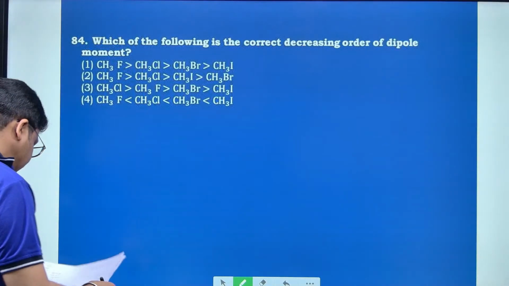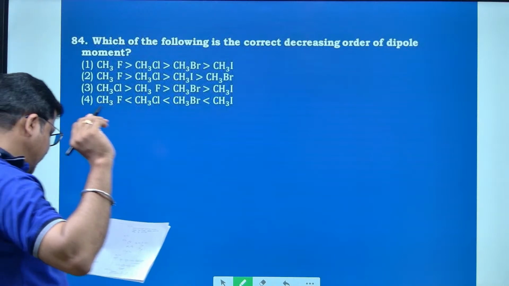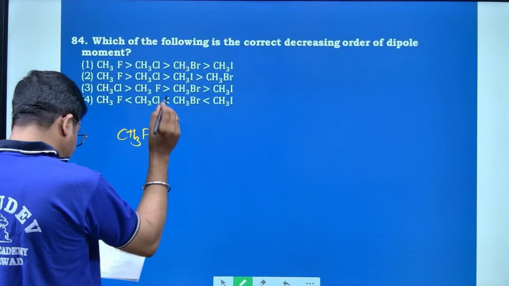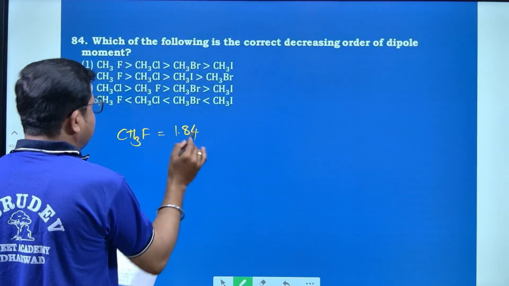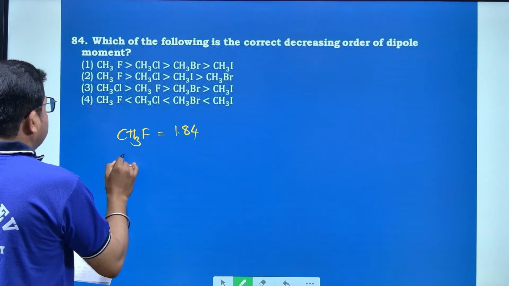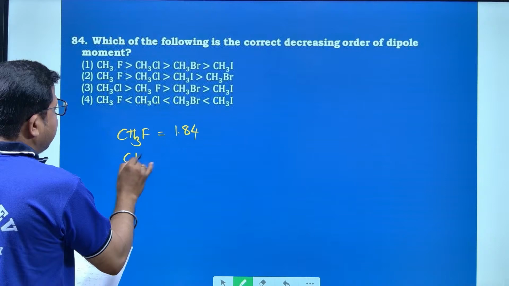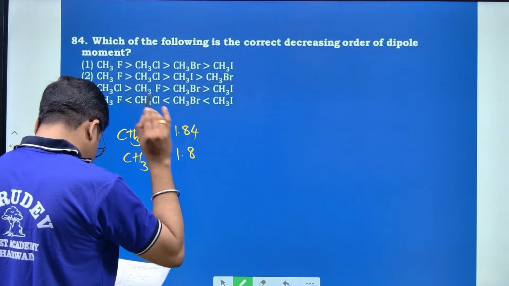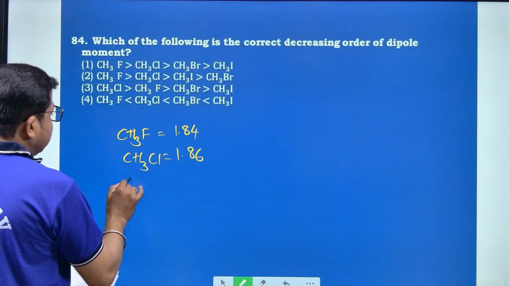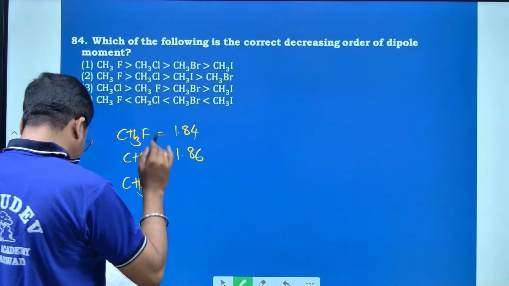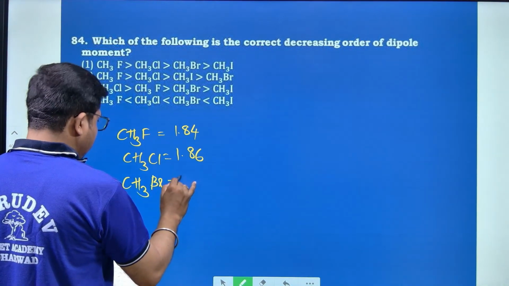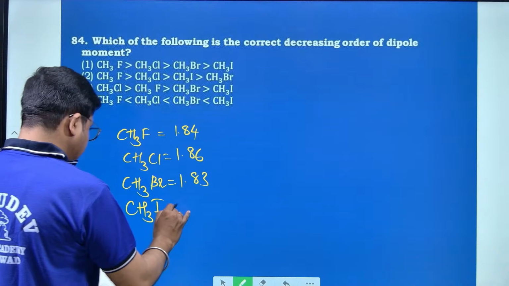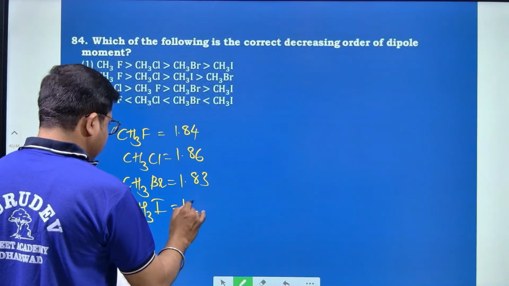The right option is: CH3F is having 1.84, CH3Cl is having the dipole moment of 1.86, CH3Br is having 1.83, and CH3I is having dipole moment of 1.63.